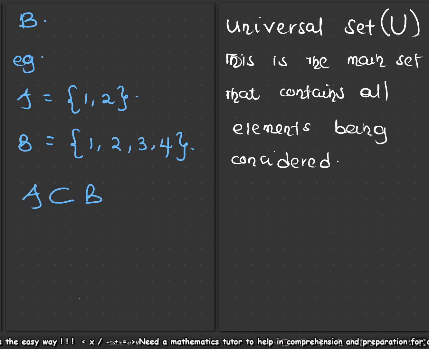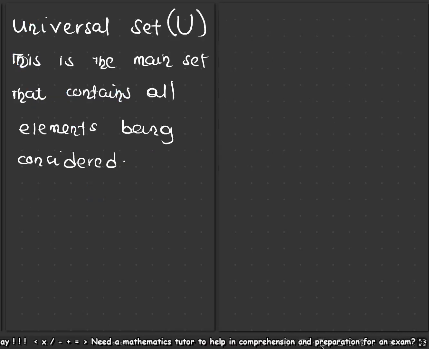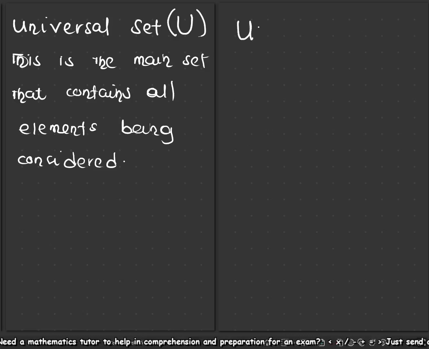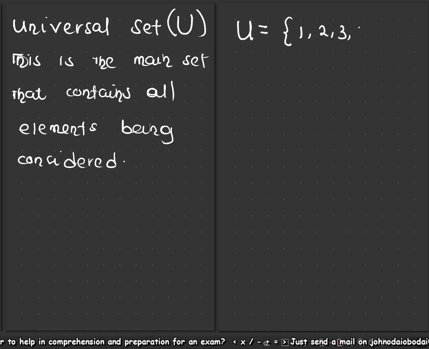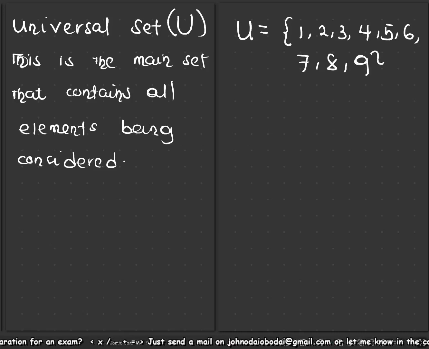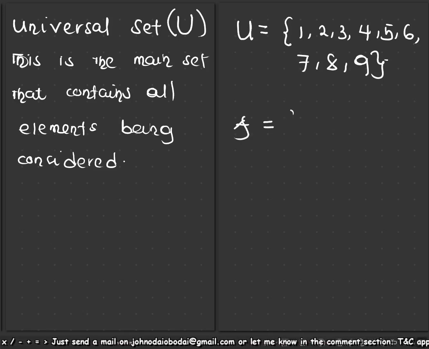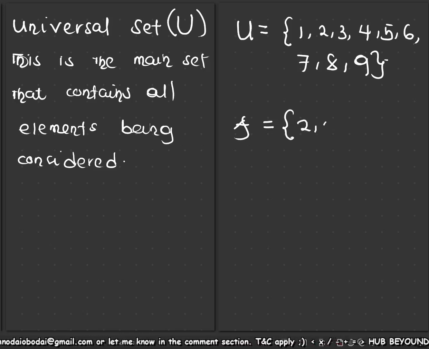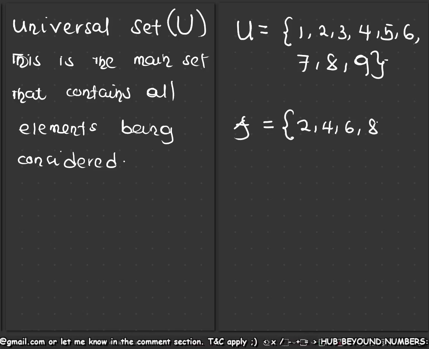So let's take an example and then we'll be able to really explain what the universal sets are. Universal set can be something like this. So we have 1, 2, 3, 4, 5, 6, 7, 8, and then 9. Now, out of this set, if I take set A to be even numbers less than 10, we can write the following for that.